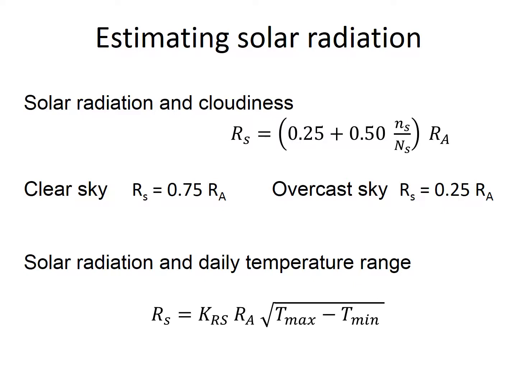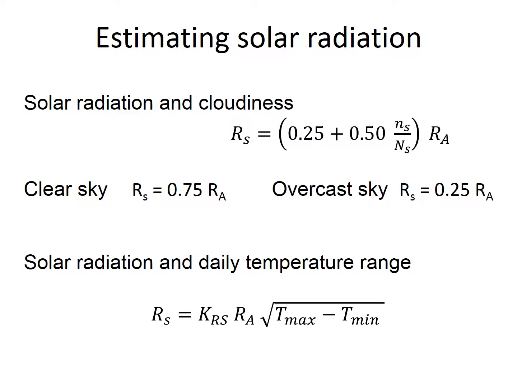We can estimate solar radiation according to cloudiness using this equation, where solar radiation is a linear function of the fraction of hours clear over total day length multiplied by extraterrestrial radiation.